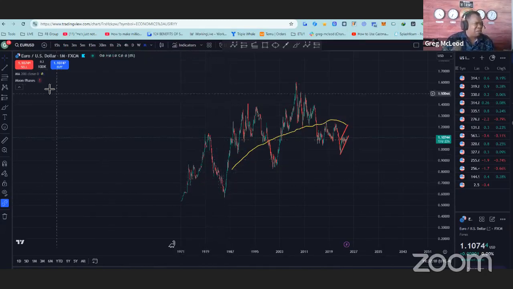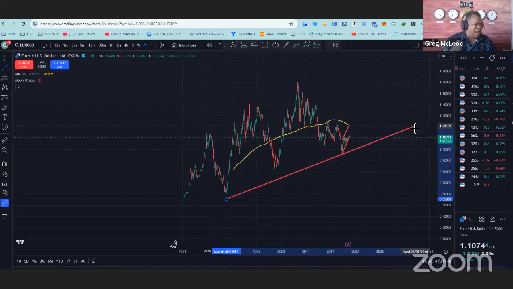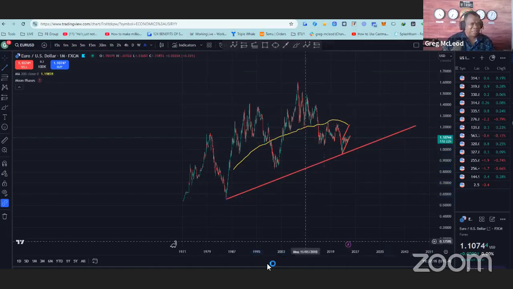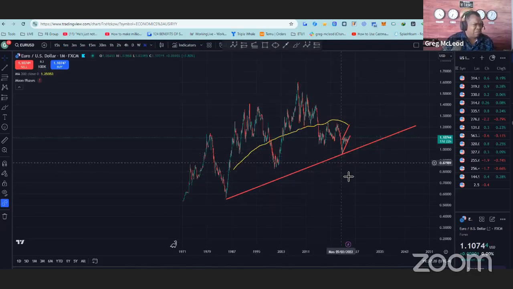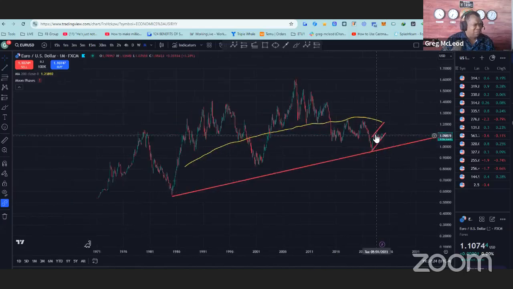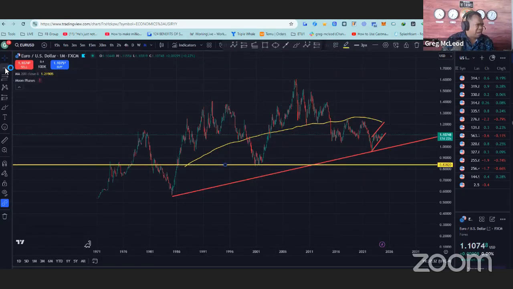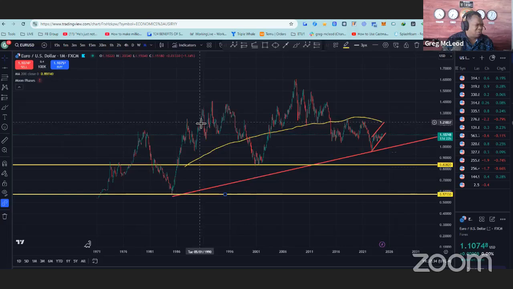But see, we've actually been in a little bit of a sloping uptrend here, right? On the monthly chart. And we've really gone to an extreme low here. We've got some support here, right? And prices do come back to these cycle lows. We had the cycle low here.